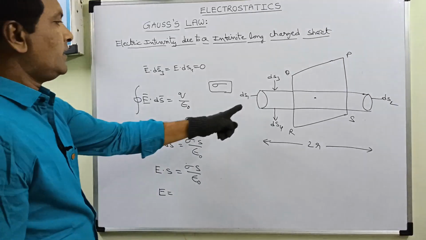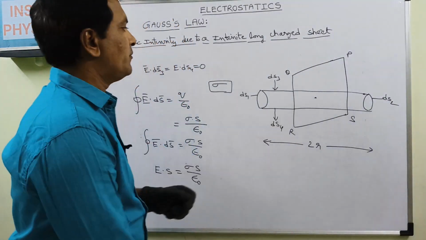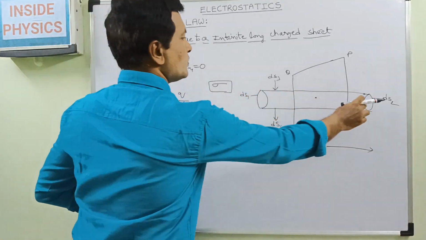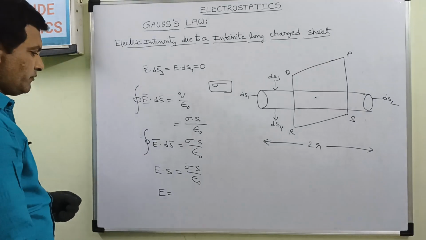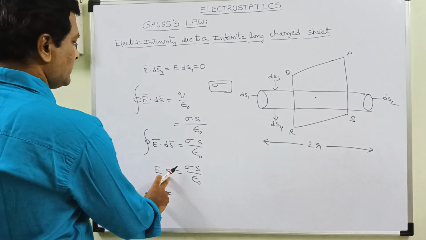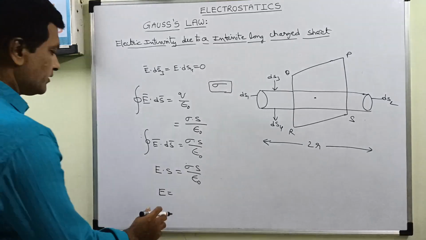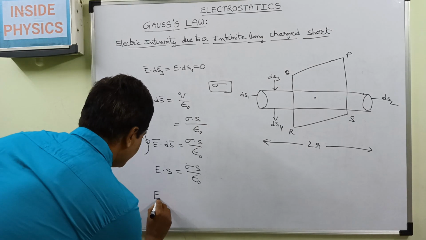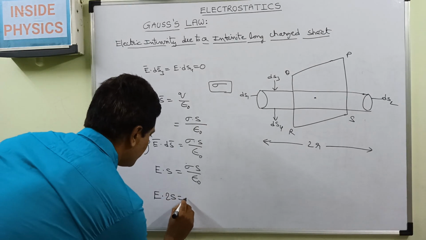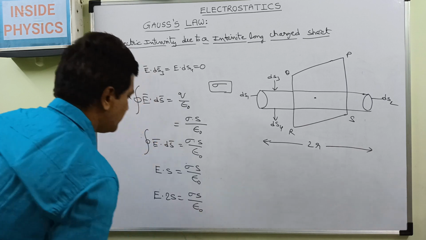there are two surfaces through which the electric flux is coming, right? So here we can take the surfaces as s plus s is equal to 2s. That means we can write E into 2s is equal to sigma s by epsilon naught.